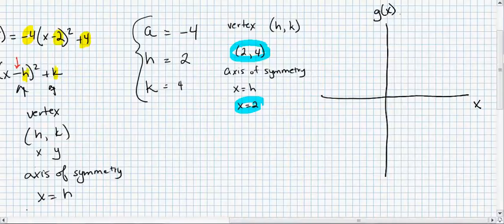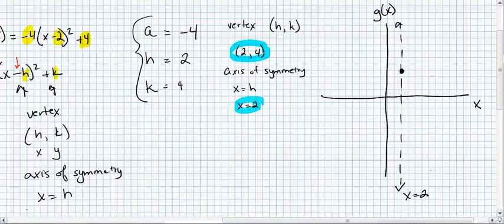I'm going to graph my vertex 2, 4, over 2, up 1, 2, 3, 4. And I'll draw in my axis of symmetry, which is just a dotted line that goes right through the middle of the parabola. And I'm going to label that x equals 2. All right, so I've got my vertex, I've got my axis of symmetry.